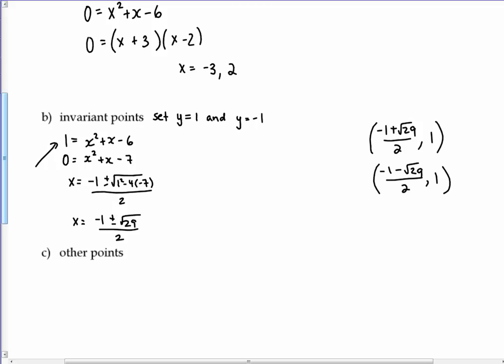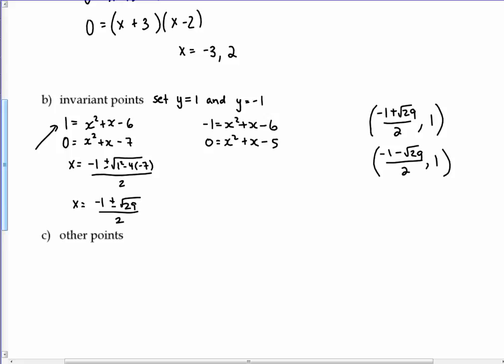All right, now let's do when y is negative 1. So if I add 1 to the other side, it becomes minus 5. Is it factorable? Nope. X equals negative b plus or minus the square root of b squared minus 4 times a times c. When a is 1, you don't really have to write that in, right?